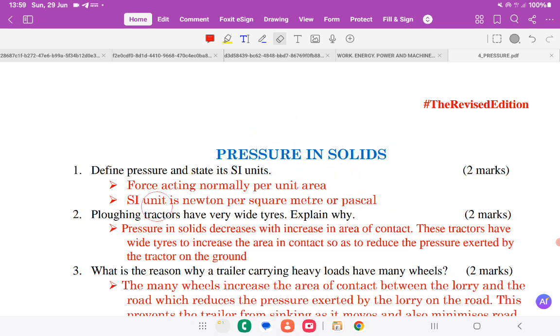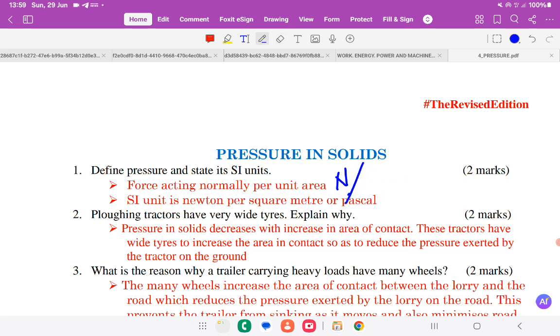The other part is asking you for the SI unit. So the SI unit of pressure is Newton per square meter or Pascal, Pa. So you can give any of these two units.